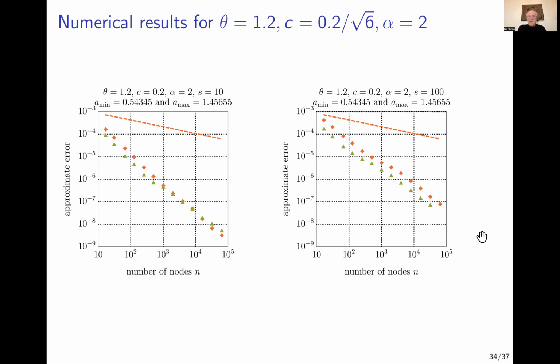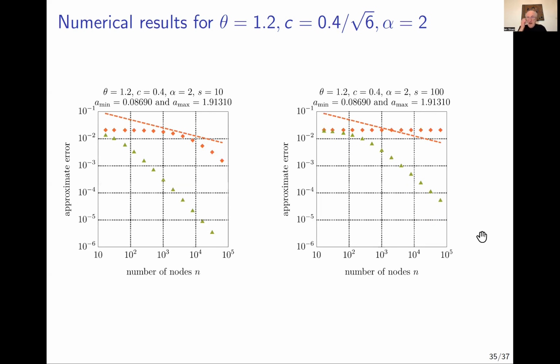And what we find in this easier case, well, for C is 0.2, it's not so easy because theta is 1.2, but we do about as well. So the lesson that we found is that for easy problems, we do about as well with our serendipitous weights as we do with spot weights, whereas for harder problems, we do spectacularly better.